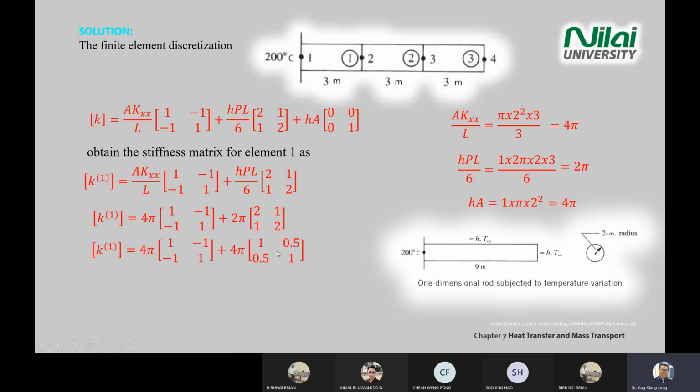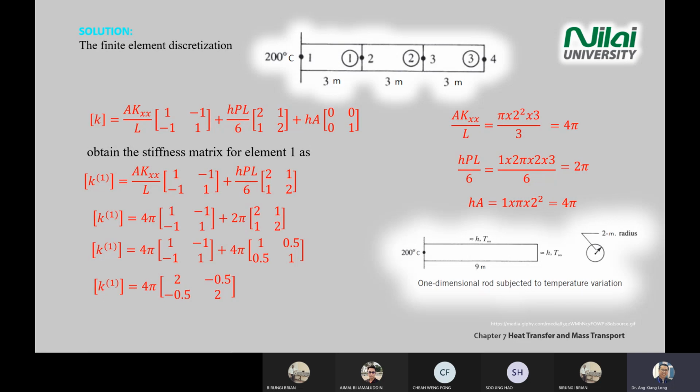You can skip this step and give me the final answer like this. So the first one you have 4 pi, 2 minus 0.5, 0.52. Or you can just substitute inside to get the full matrix without the constant value outside there. Okay.